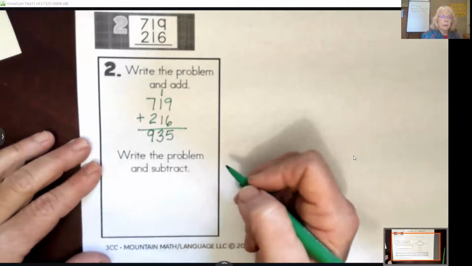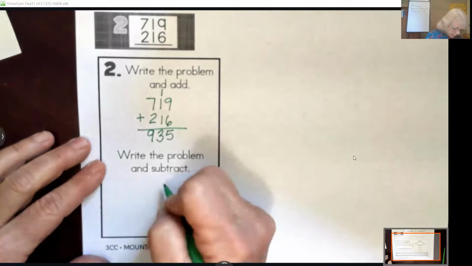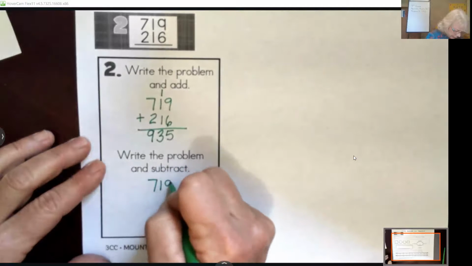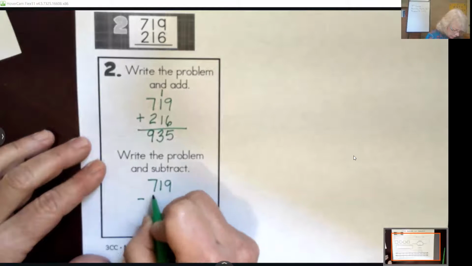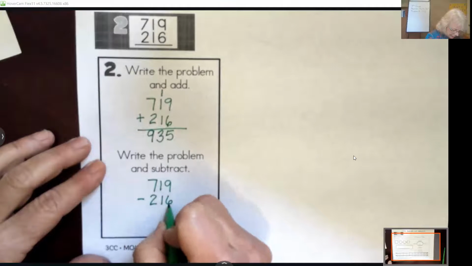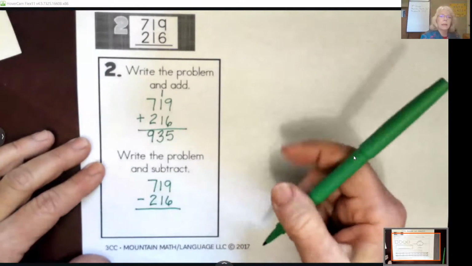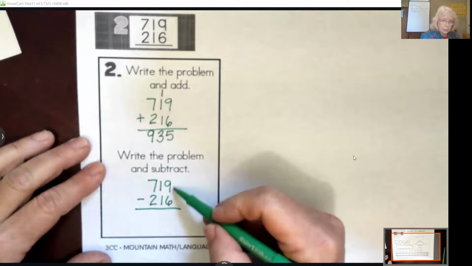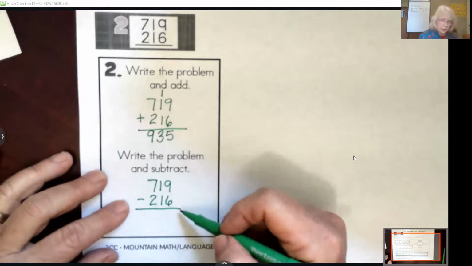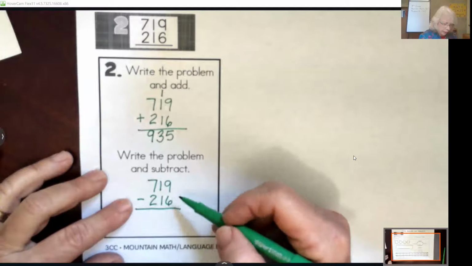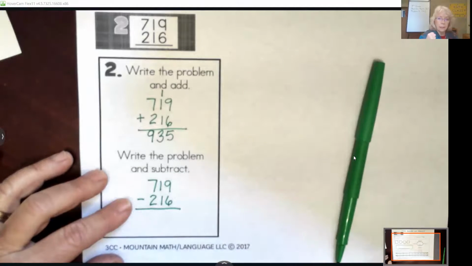Now we're going to write the problem and subtract. So we have 719 subtract 216. Okay, so the way I teach subtraction with single digits, an easy way, if you don't know these facts automatically, is you count, you have 6 in your head, count up to 9. 7, 8, 9.